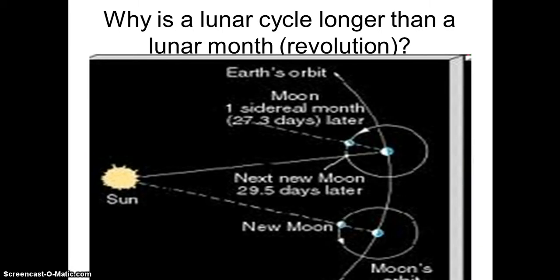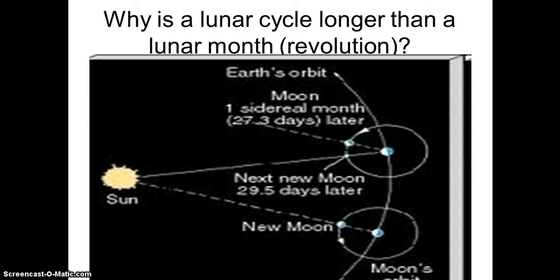In this diagram, you can see that it takes longer for the moon to complete a lunar cycle, which would be from full to full, than it does to complete one revolution around the Earth. Please notice that the moon revolves around the Earth counterclockwise, and it also rotates on its own axis counterclockwise.